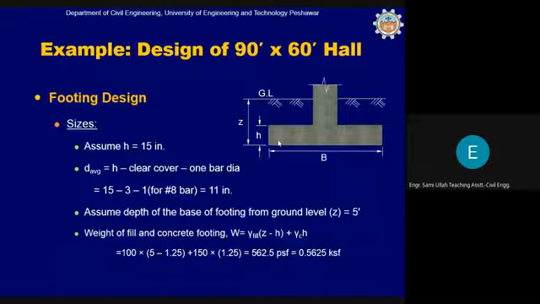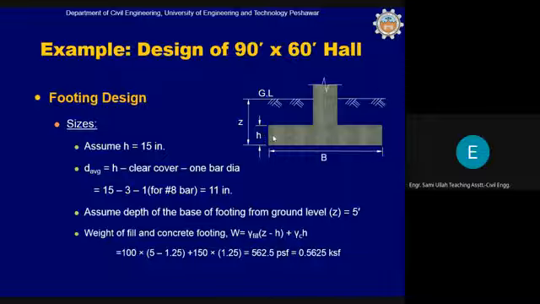If 3 inch cover is required, then the effective depth will be substantially reduced. For this reason, normally the footing thickness for isolated column footing is taken as 12 inch. In this case, we have chosen 15 inch thick plate, though you can also choose 12 inch thick footing plate.